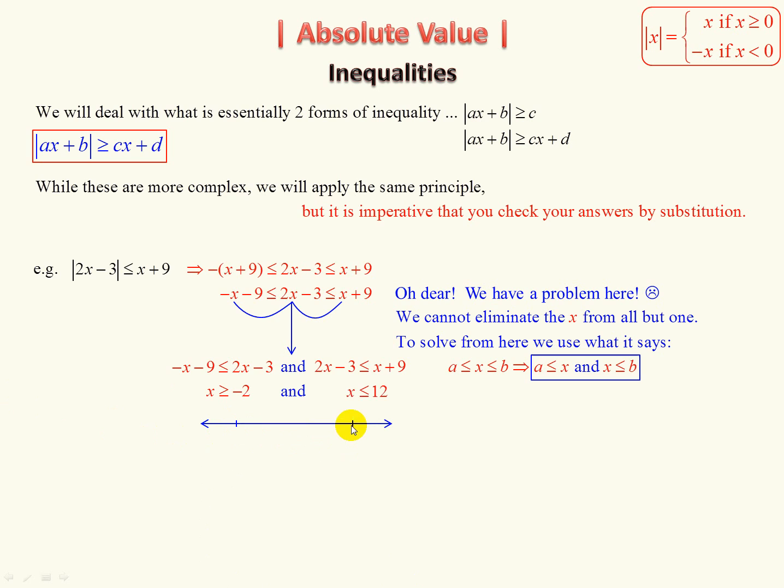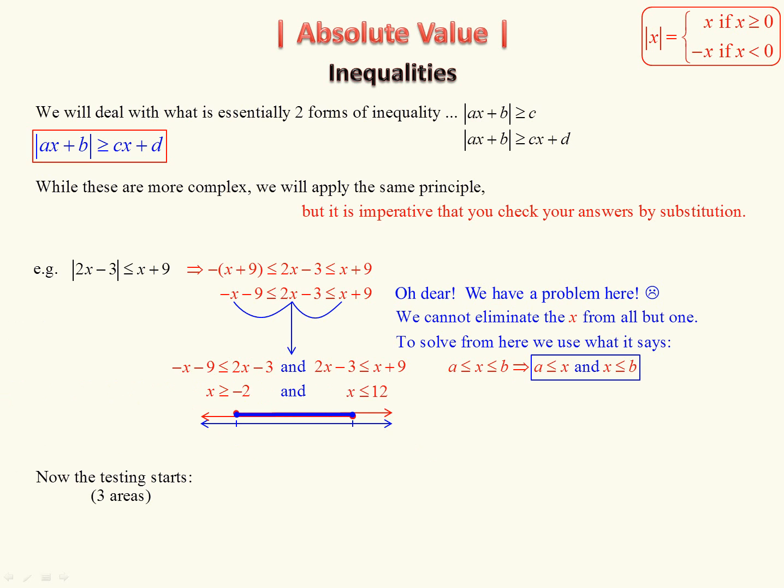There's the -2. There's the 12. Less than 12, greater than -2. It's "and", so we have to say x must belong to both. Where do they overlap? Here we are. So that is our answer.